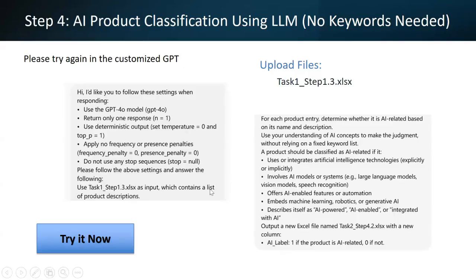Also, do you remember we fixed the hyperparameter here? Correct? You remember? We fixed the hyperparameter here. So I want to recap what I did. There are three things you want to do to produce consistent results. First, you want an objective and specific prompt. Second, you want to fix hyperparameters.